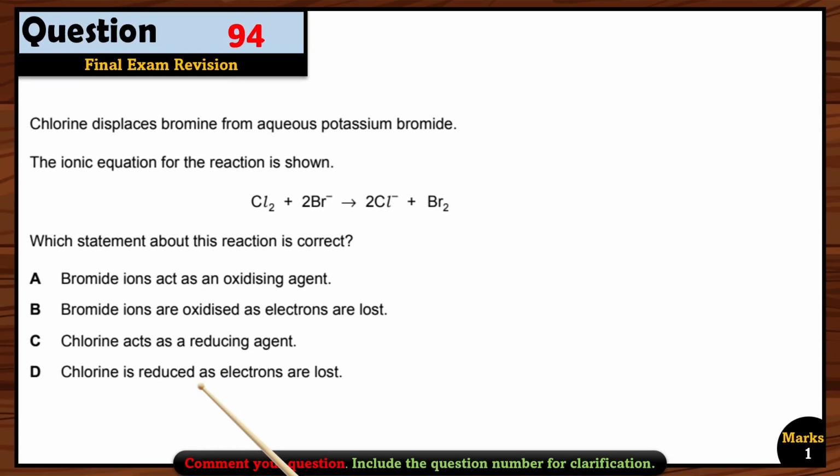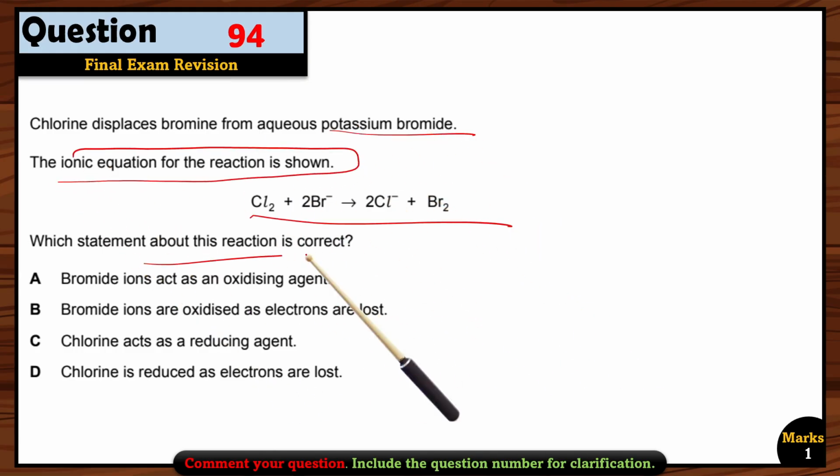Okay. Question 94. Chlorine displaces the bromine from aqueous potassium bromide. The ionic equation for the reaction is shown here. Which statement about this reaction is correct? Now let's see the oxidation states. Chlorine, it's in the molecule form, so its oxidation state is 0. Here it is now -1.